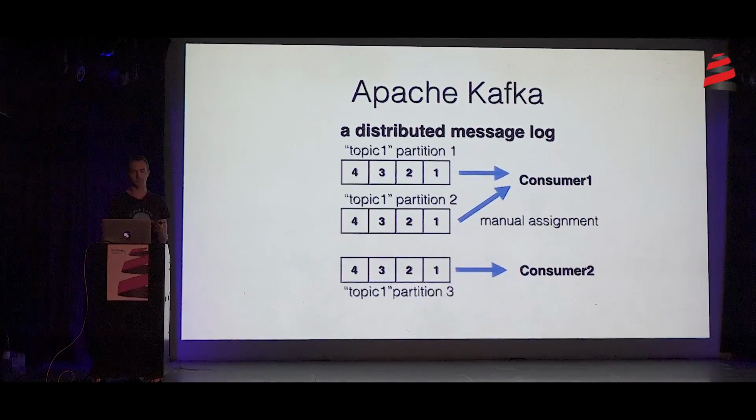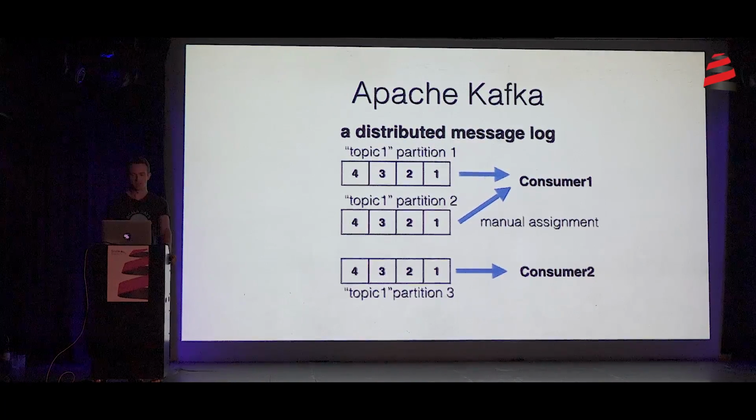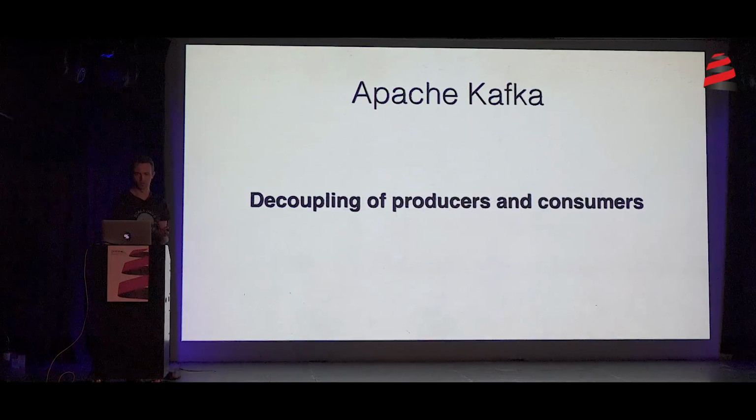Also, we can have manual assignment. There are some business cases where you can read from a particular partition by a consumer assigned statically. Kafka focuses on decoupling producers and consumers.